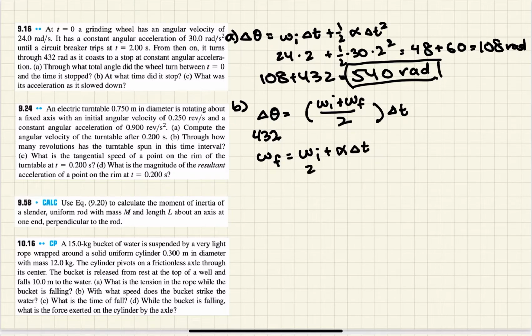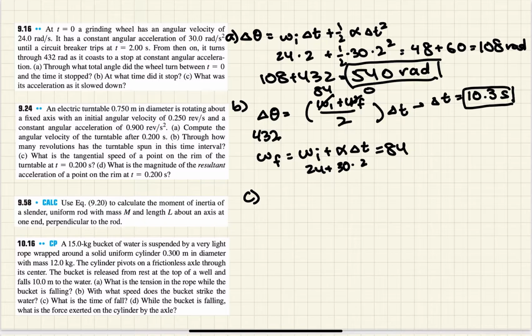The initial was 24, angular acceleration was 30 times t is 2. So it's 24 plus 60, which is 84 radians per second. So this becomes 84. The final is 0 because it's slowed down to a stop, and we find out what delta t is. 84 plus 0 over 2 is 42. And so 432 divided by that is equal to 10.3. So 10.3 seconds is our answer to part B.